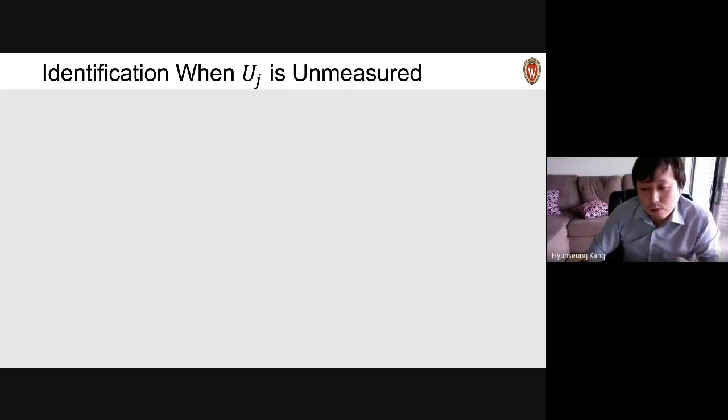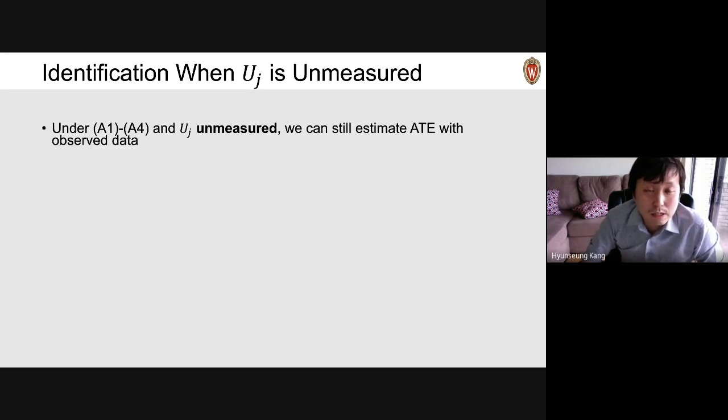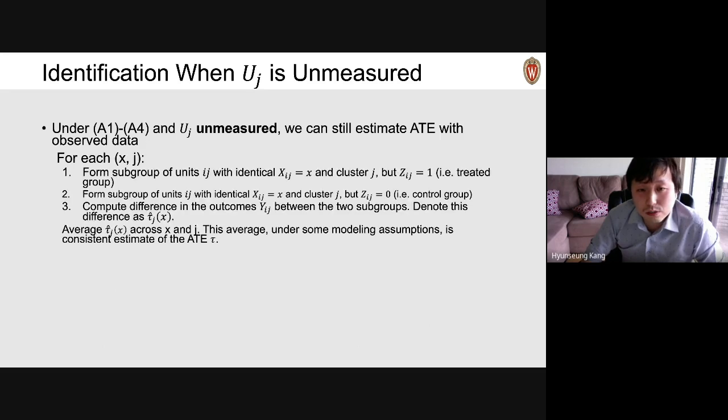Now what if you weren't able to measure some of the variables that are important in your analysis, and you have an unmeasured confounder? If all these unmeasured confounders are at cluster level, we can still estimate the ATE with the observed data as follows. Instead of going through all of the U's, which we don't know because we don't measure it, we go through the cluster indicators.